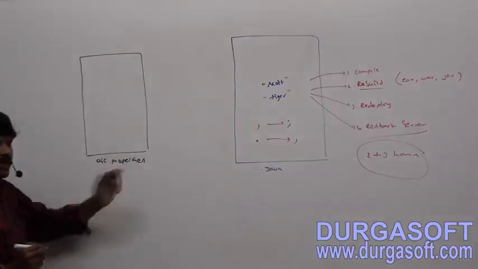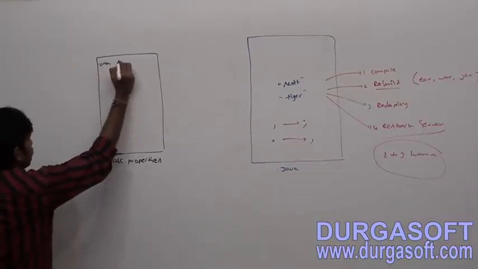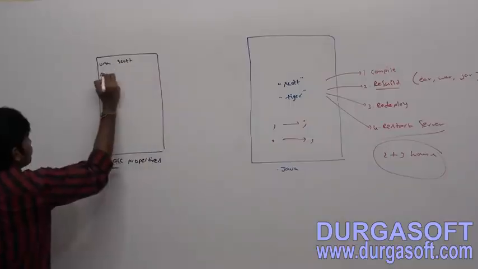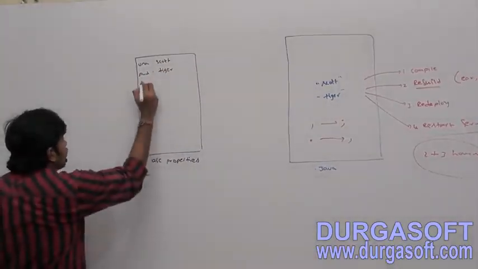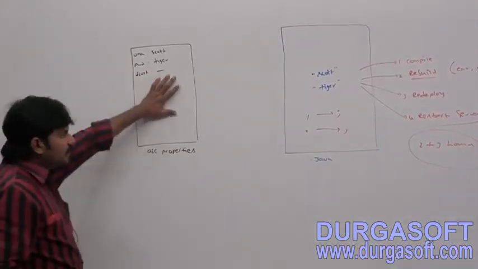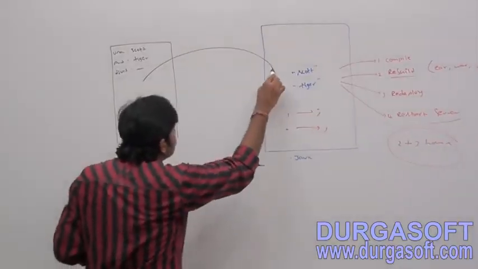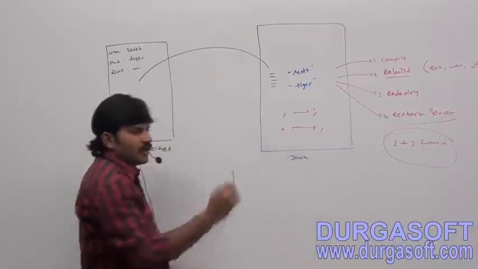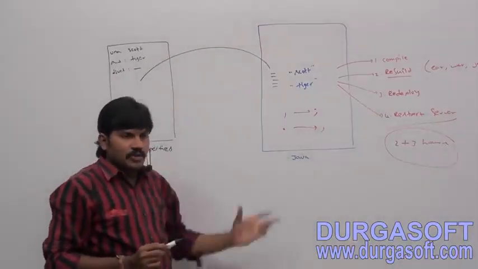So in the properties file we configure: username is Scott, password is Tiger, db url is so and so. Like this it is configured. From the Java program, read these values and use them in our program.